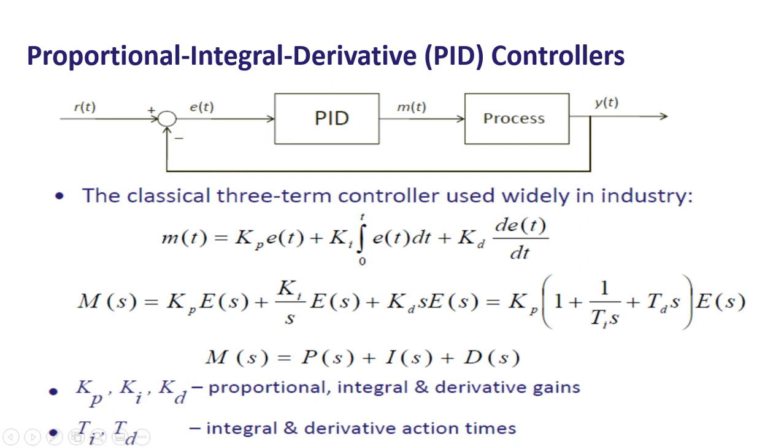Now this error goes to the PID controller. Now after manipulation, the PID controller will give some type of actuating input to the process, and that will be used to control the system, and the main task is to follow the reference input.